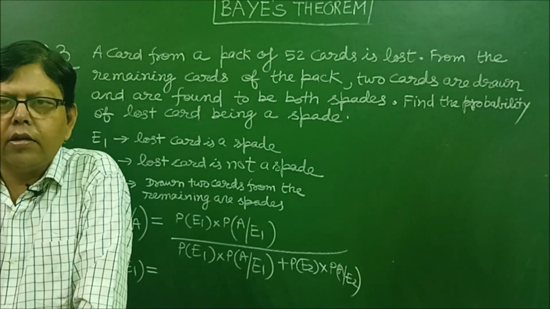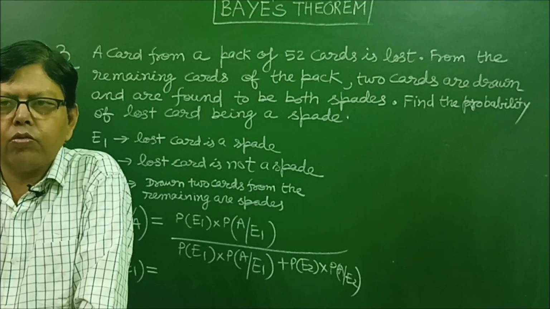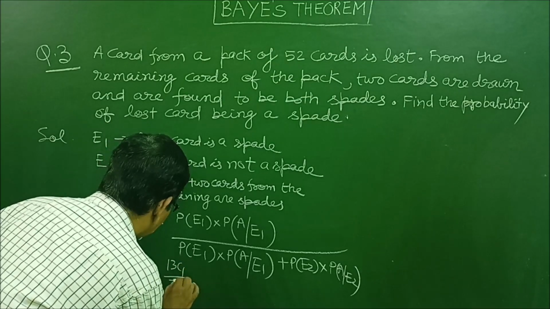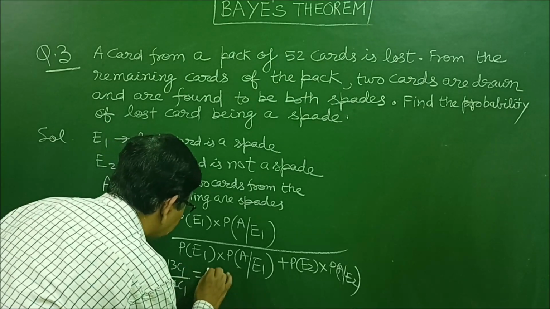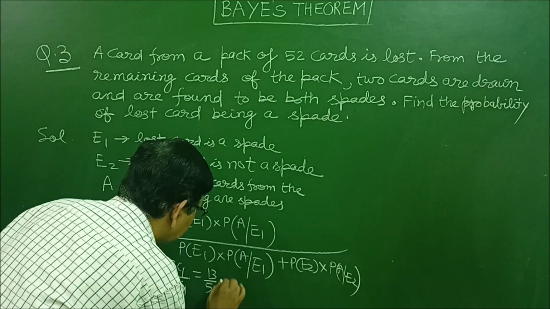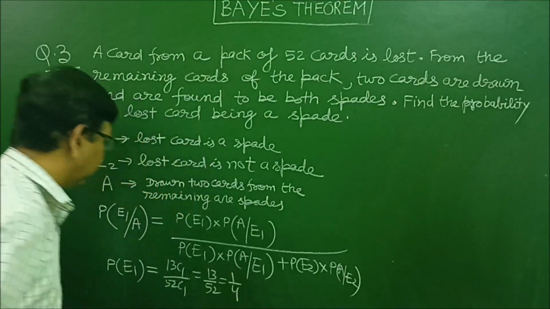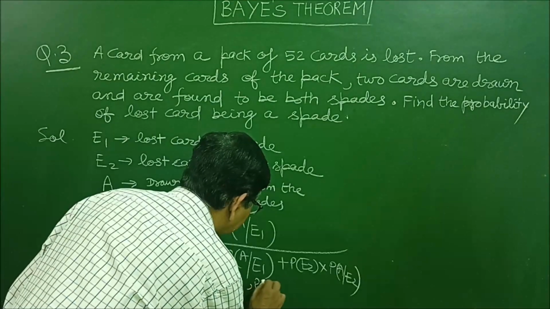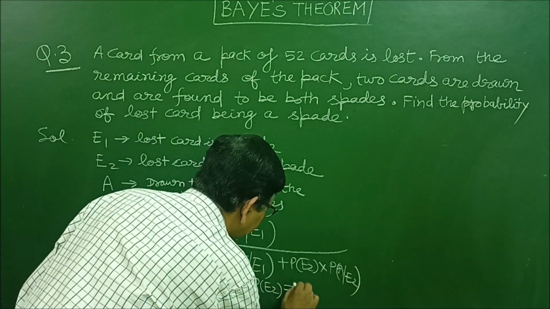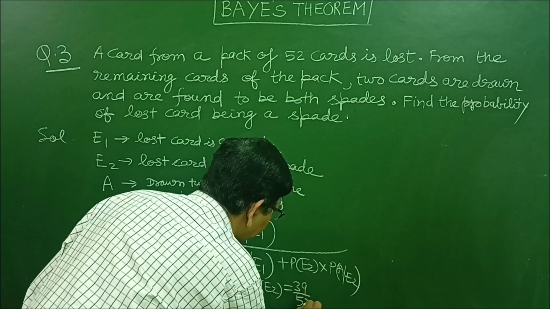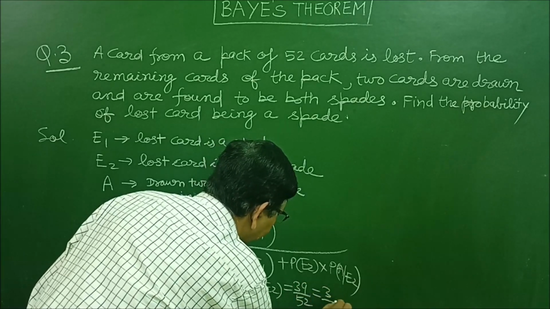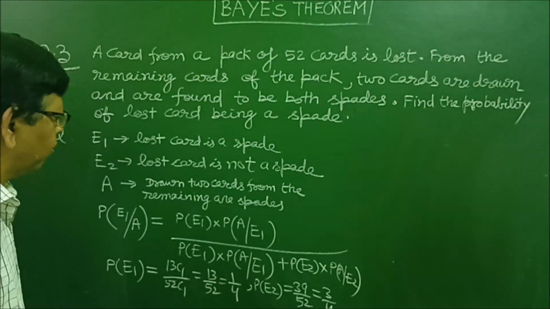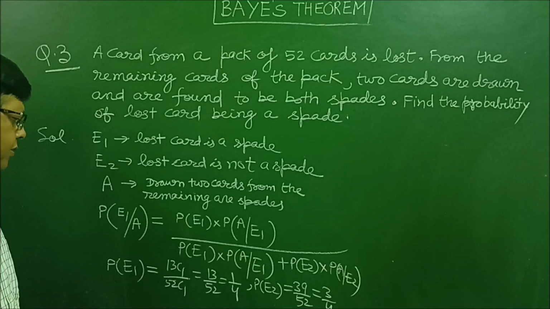So 13C1 upon 52C1, that is 13 upon 52, the probability is 1/4. And lost card is not a spade, so remaining cards are 39, so probability of E2 is 39 upon 52, that is 3/4, or subtracting this probability from 1 we can get the probability that the lost card is not a spade.